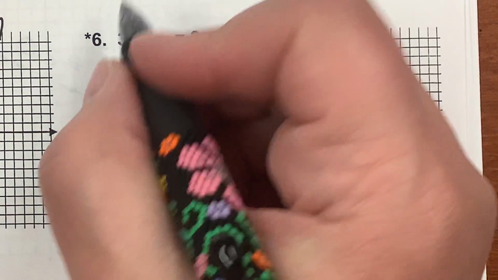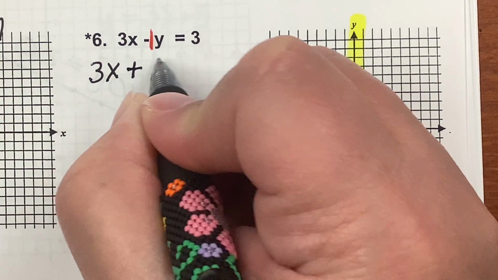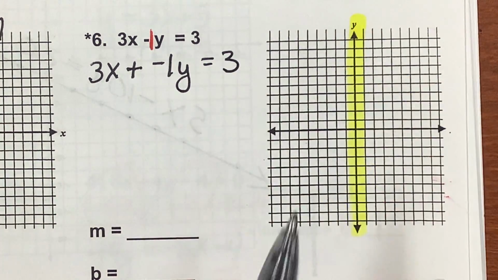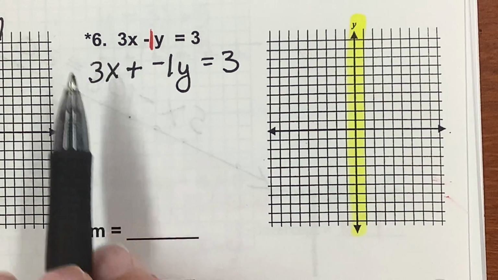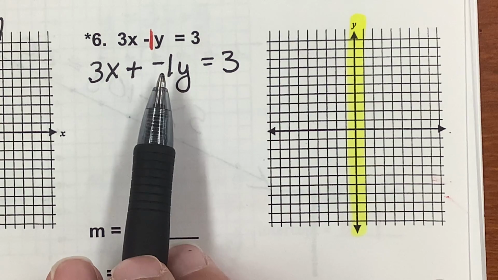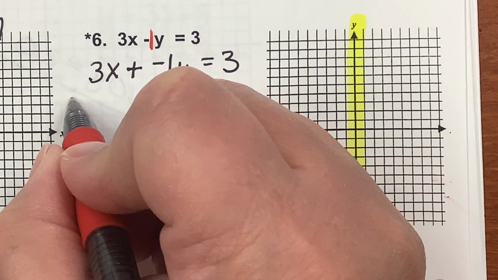She said, when you rewrite it, 3x, write it as plus negative 1y equals 3. And that makes it easier to see that the 3x is positive, but the y is negative 1.